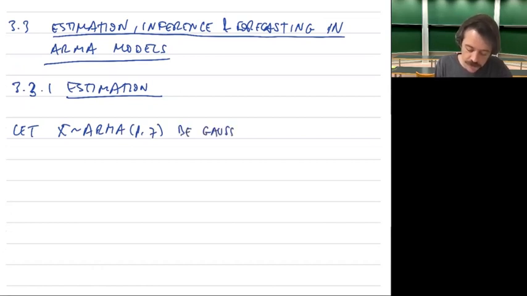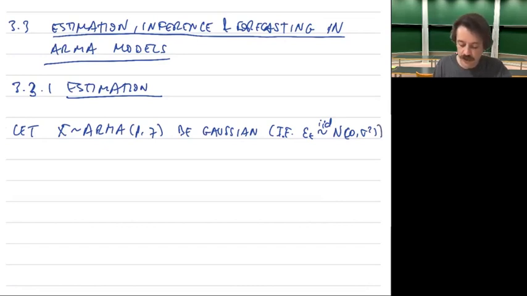Okay. So what does this mean? Well, I think we've sort of discussed it. This means that the white noise that defines the ARMA process satisfies that the epsilon t's are not only uncorrelated, but IID normally distributed with this sigma squared that must be positive and finite.